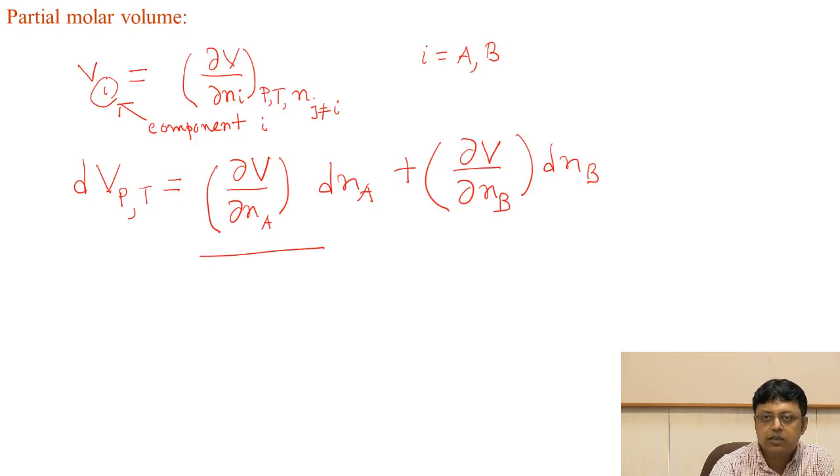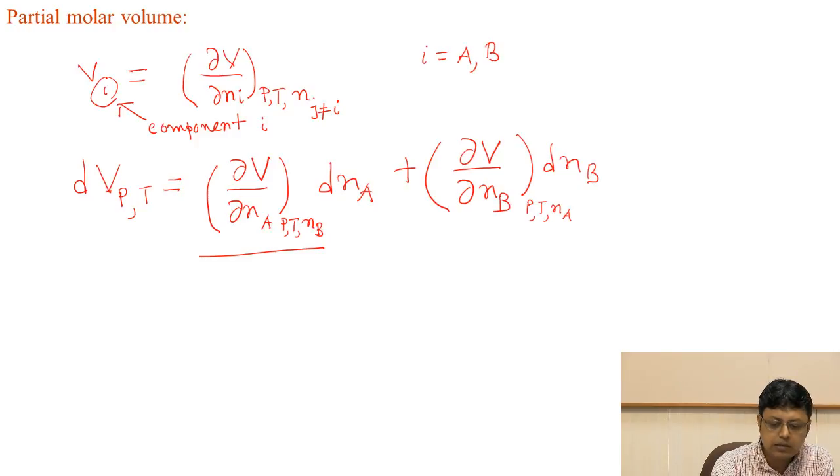But when we change Na, which is the number of moles of A, we have to keep in mind that we are keeping pressure constant, temperature constant, as well as NB constant. Similarly here, we are keeping pressure constant, temperature constant, and Na constant. So we can integrate it.